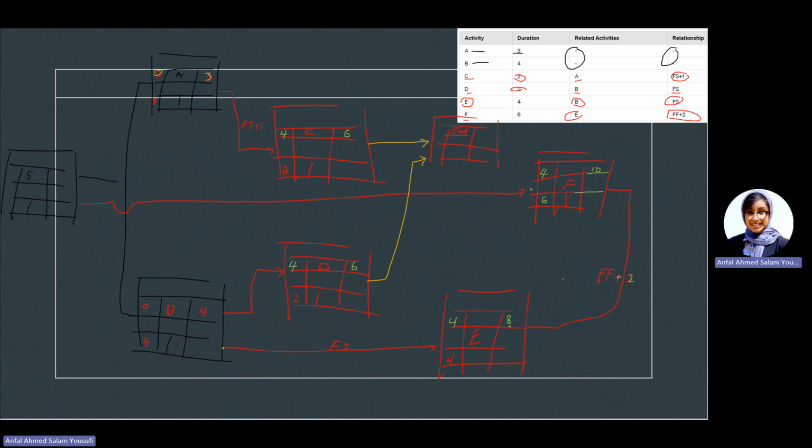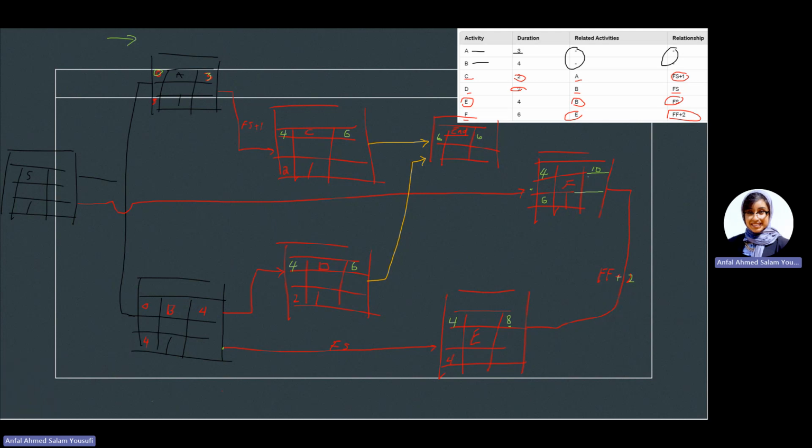Okay, so in here, this is basically my forward pass. If I wanted to find my backward pass, here I have it as 6 and 6. Okay, so let's do the backward pass. I'm gonna use the color blue.